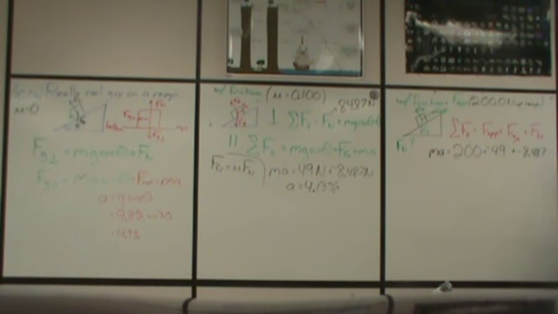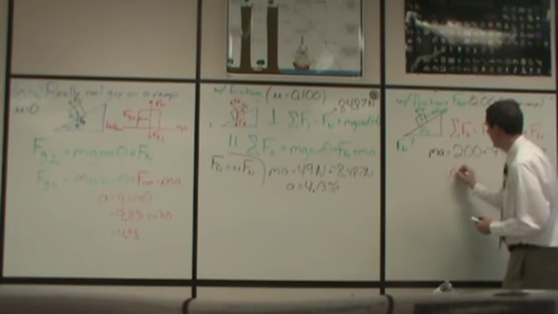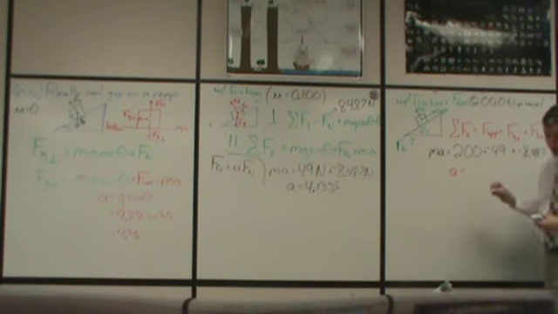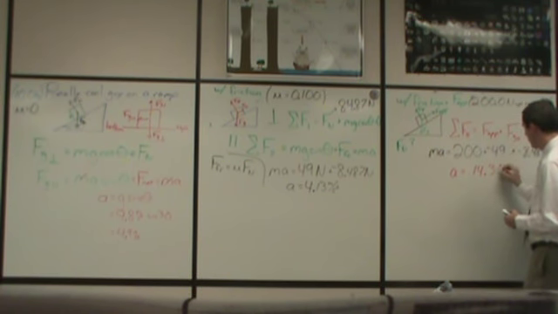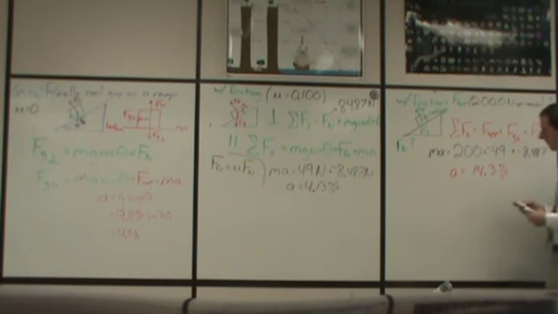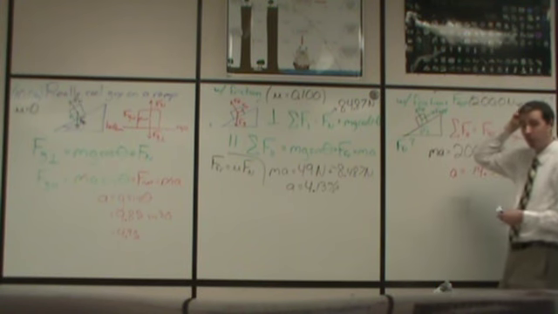Now I can plug in 10 for my mass, combine these values together, and solve for my acceleration. That acceleration turns out to be 14.3 meters per second squared, and that would be up the ramp, given my designation of positive. So now this thing will go up the ramp.